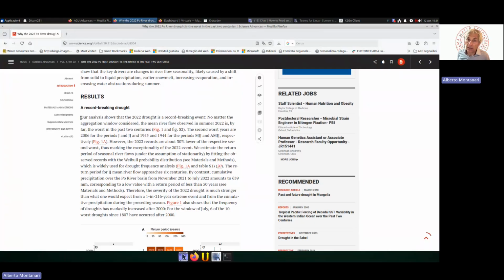They don't jump directly to the results. In this particular case, Science and Science Advances, and Nature as well, they prefer, after the introduction, to anticipate the results. It's a way to convey in a quicker way what the main finding of the paper is.